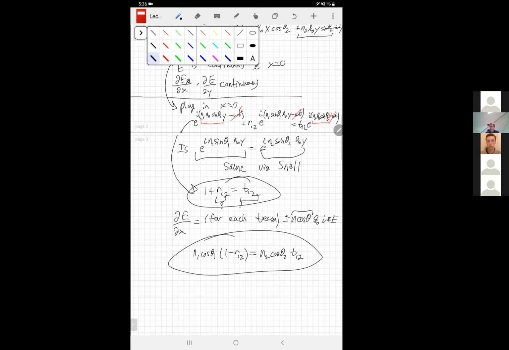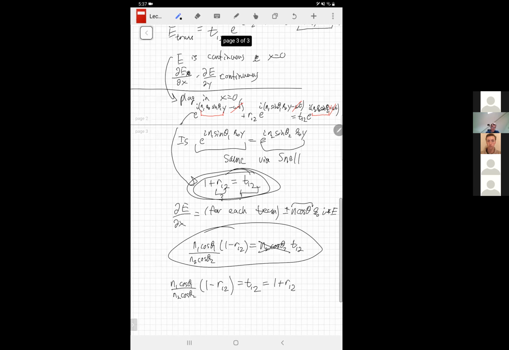Well, the process is the same. We're going to isolate T12, and isolate R12 by eliminating T12. So we divide both sides by n2 cosine theta 2. And I'm left with n1 cosine theta 1 over n2 cosine theta 2 times 1 minus R12 equals T12. But hey, T12 is also equal to all this up here.